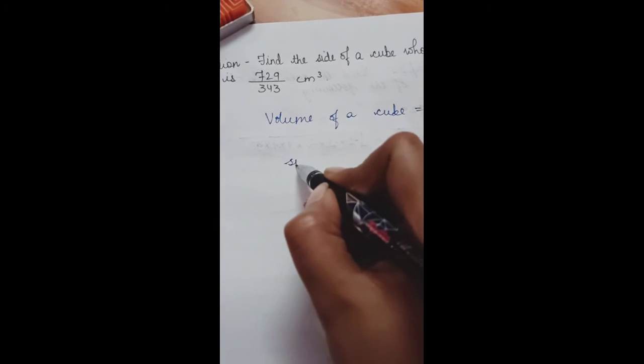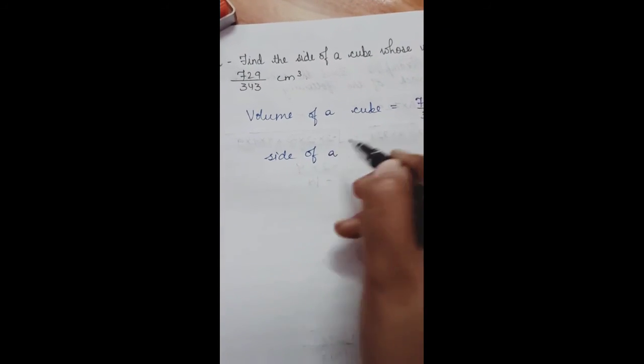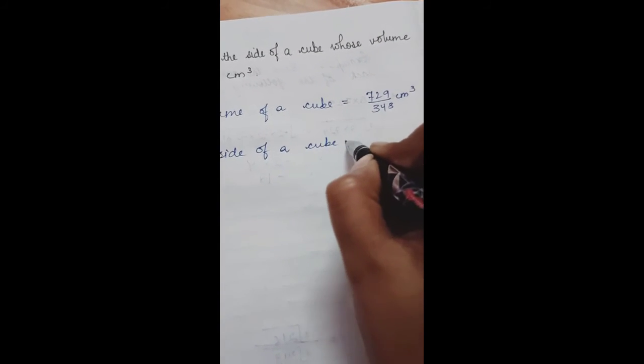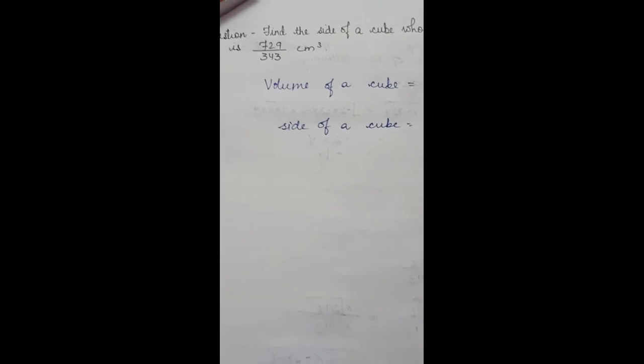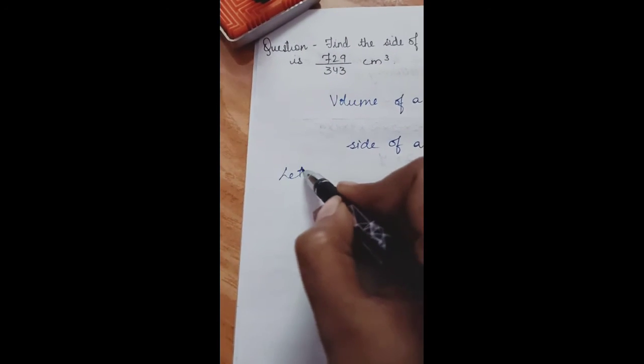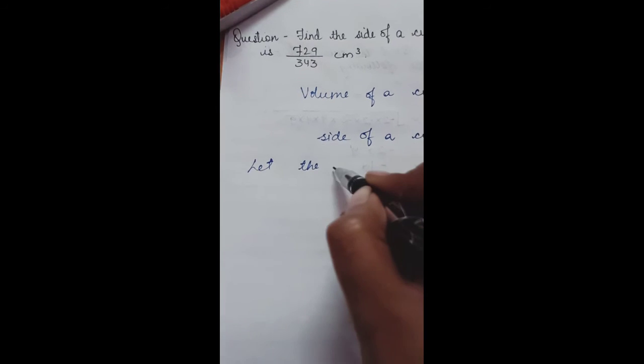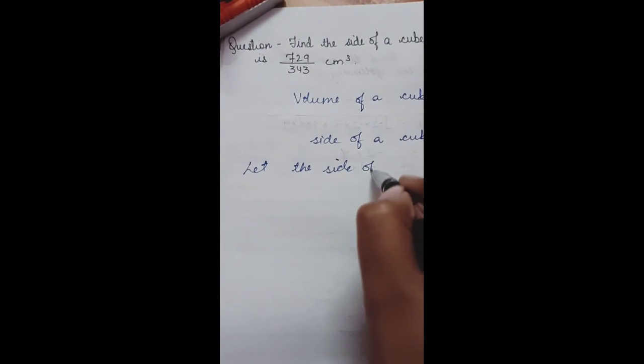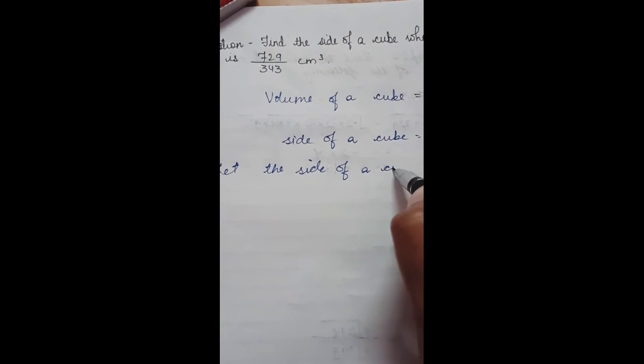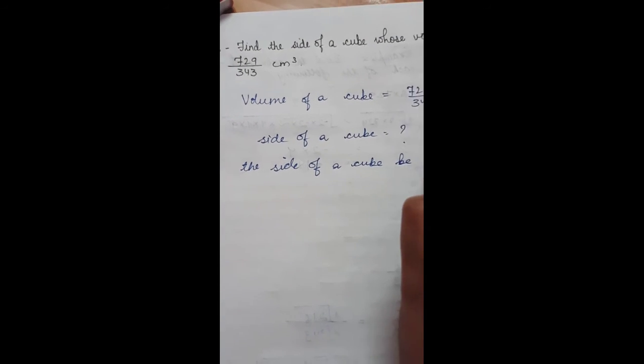Now what do we have to find? We have to find the side of the cube. So let the side of the cube be x.